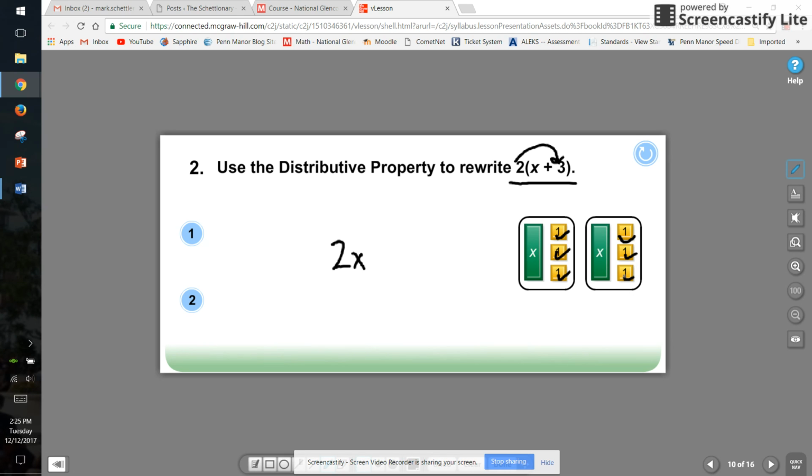I have 6 1s, or 6. So I could say that 2 times, in parentheses, x plus 3 equals 2x plus 6. Another way to think of distributive property is that the number on the outside, the number we're multiplying, we're going to multiply by everything on the inside.